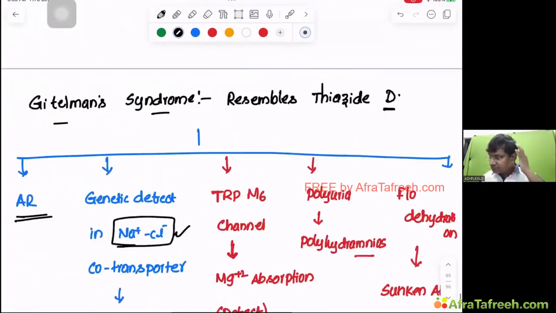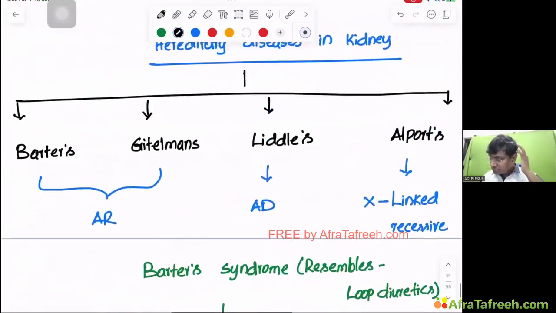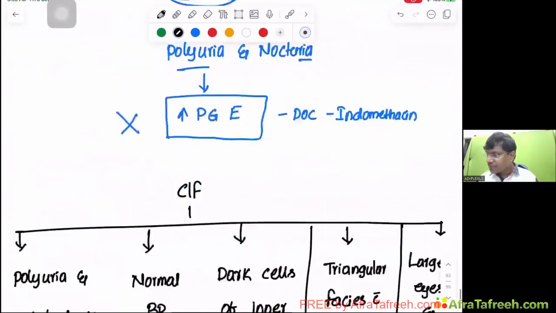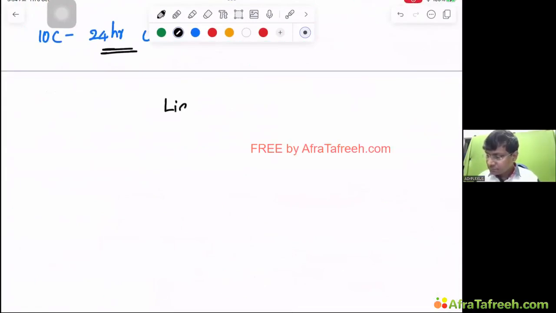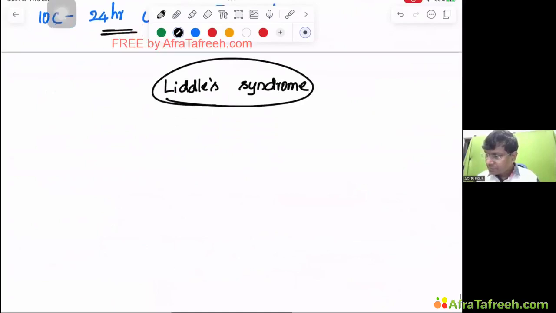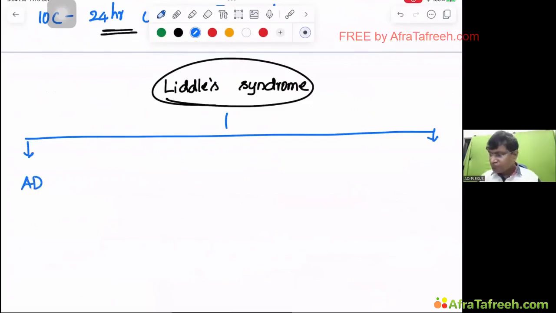So what are we done with? We are done with Bartter and Gitelman. Now, let us take up the discussion of Liddle syndrome. Liddle is very simple, not a difficult one to understand at all. The type of inheritance is autosomal dominant.